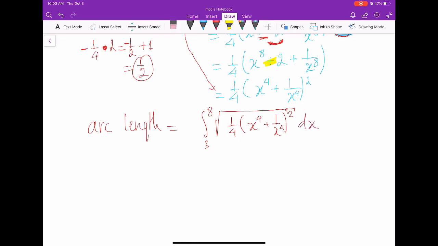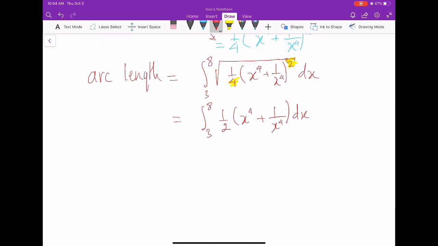So we have square and square root, that will be cancelled out, and 1/4 is 1/2 squared. So this integral is equal to the integral from 3 to 8 of 1/2 x to the 4 plus 1 over x to the 4 dx, because square and square root just cancel out.